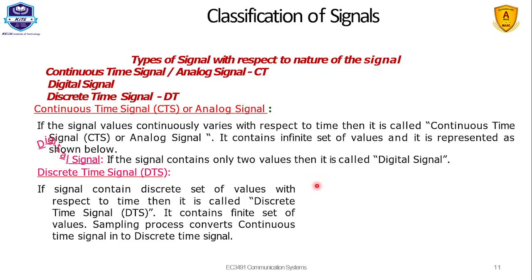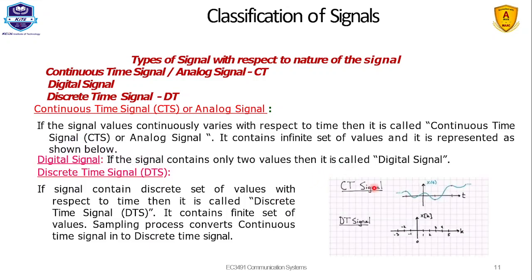So when talking about discrete time signals, as I said, it is represented in terms of samples. To remember continuous time signals: you are not lifting the pen, you are drawing it continuously till the end. So this is a continuous time signal. Relate with DT signals, whereas here it is represented in terms of samples only.